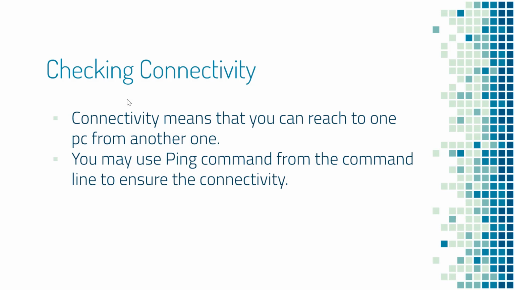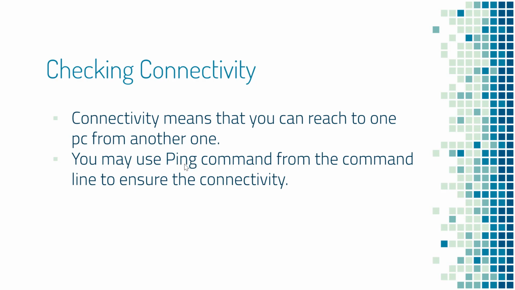As I said, if you are trying to reach a server and you are not able to reach it, how do you check whether you have a connectivity issue or something else? As a developer, there's a command available on almost all operating systems, let's say Linux, Mac, or Windows.